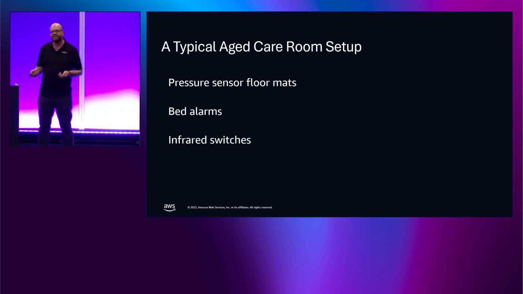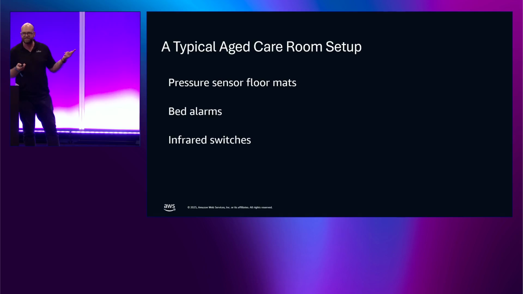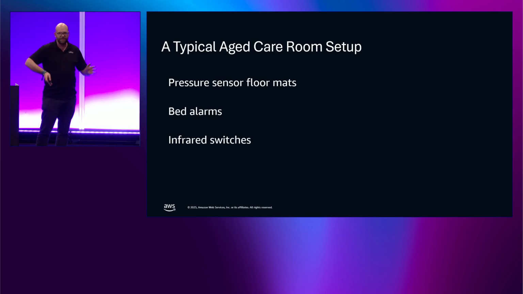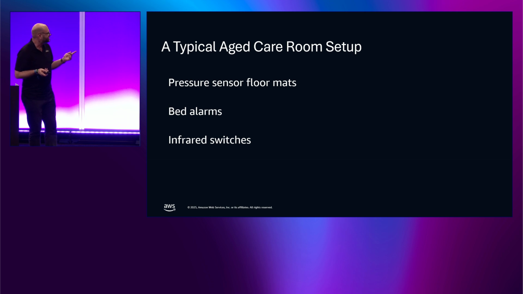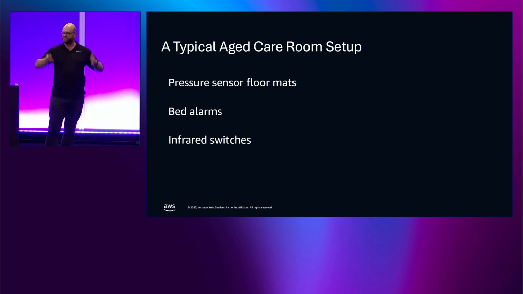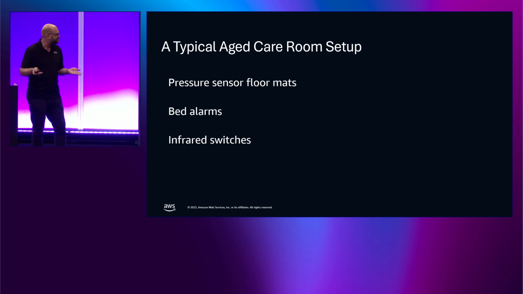The typical aged care room has some tech, but it's pretty antiquated. You've got pressure floor mats for identifying when people are walking in certain areas of the room or falling out of bed. You've got bed alarms. If someone sits up in bed or falls out of bed, you need someone there pretty quickly to look after them.